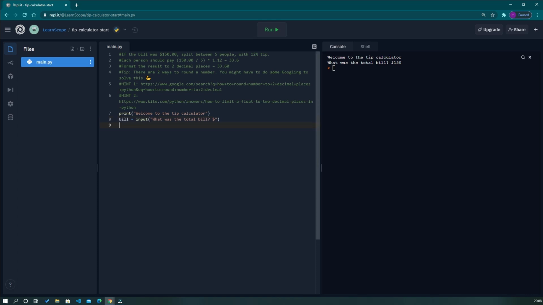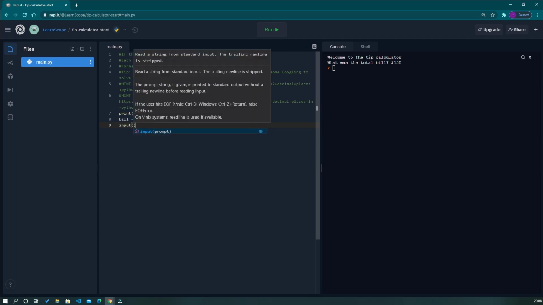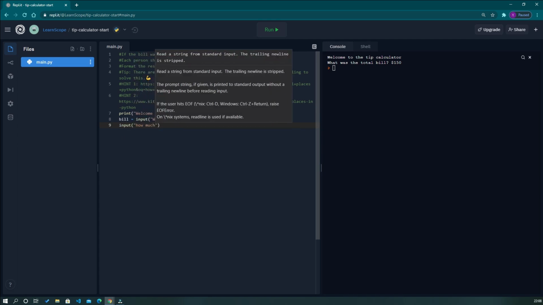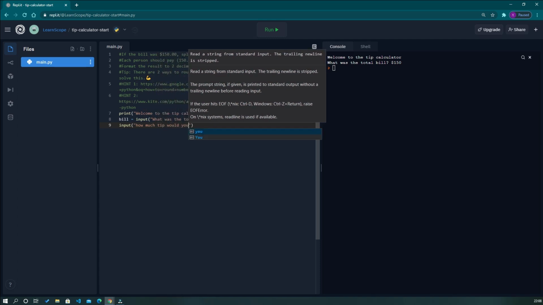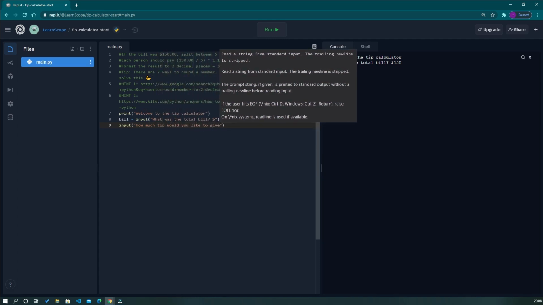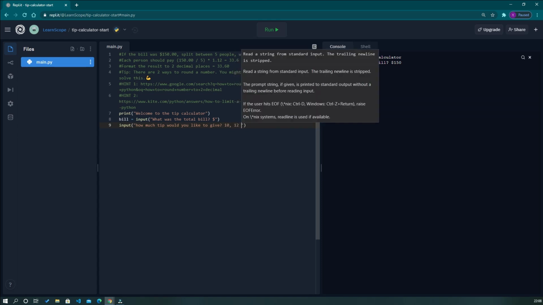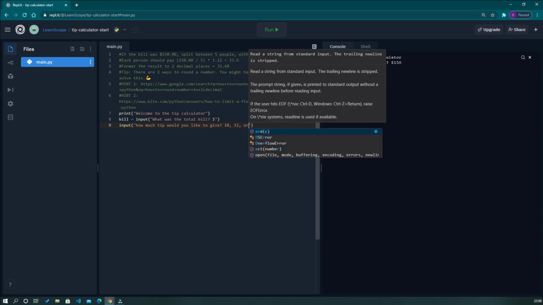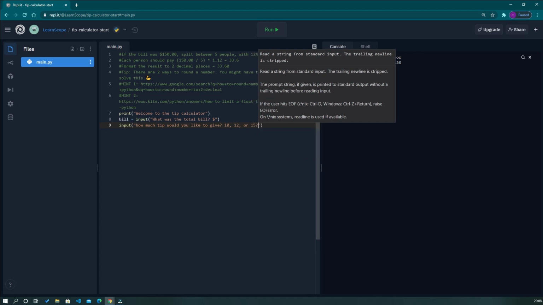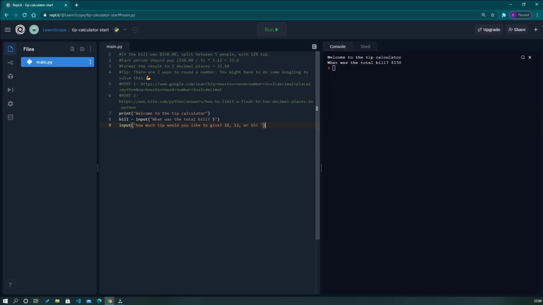Okay, how much do they want to tip? So input: how much tip would you like to give? I think it's predefined. So it was either 10%, 12%, or 15%. Space in between.